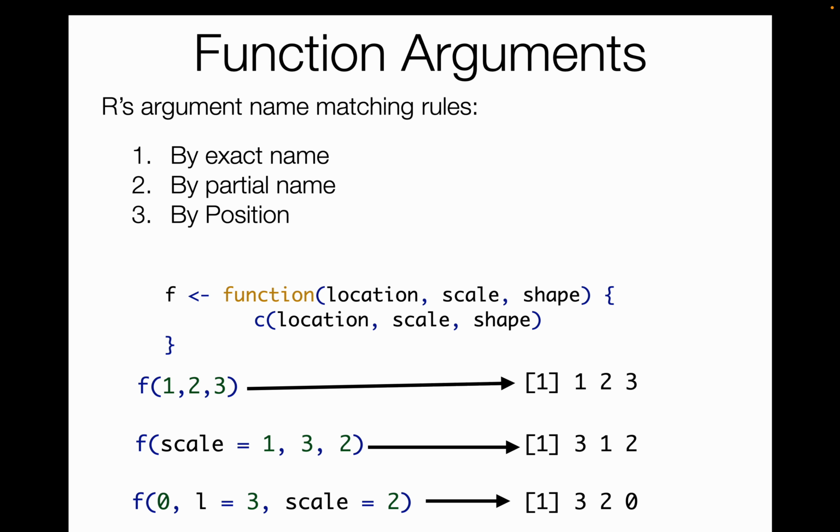Inside the function argument, I am setting scale to be 1 or L to be 3. Outside of the function, assigning a value, you use the assignment operator. Okay, setting versus assigning is small and probably pedantic, but it matters to a lot of R people, including myself. So that's what we're going to go with. I guess, long story short, equal sign inside of a function argument, assignment operator, everything else.